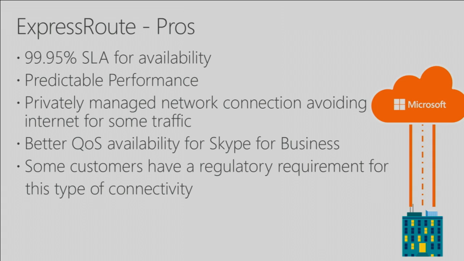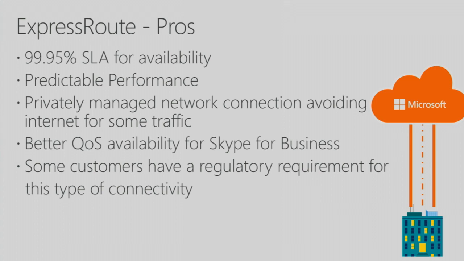There are many pros to the connectivity. We can deliver 99.95% SLA for availability. We can deliver predictable performance. And notice the word there isn't better, because it often isn't. We have about, what was the number of internet peering locations we have globally? A large number of internet peering locations. I think it was about 38 countries and about 150 peering locations.